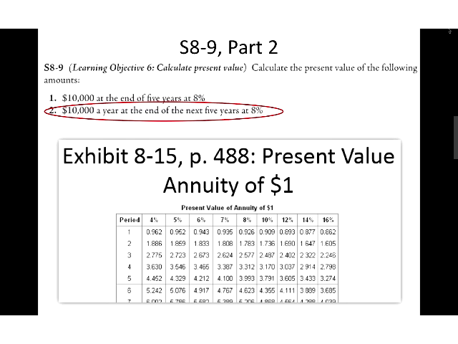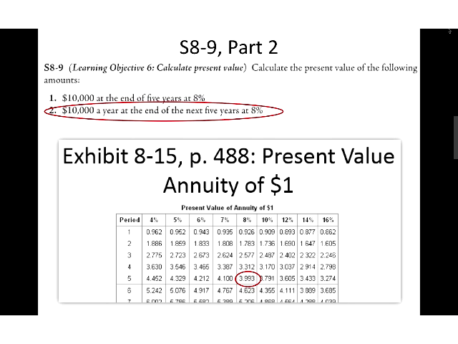And our factor, row 5, 5 periods, and 8% is 3.993. That will be our factor.